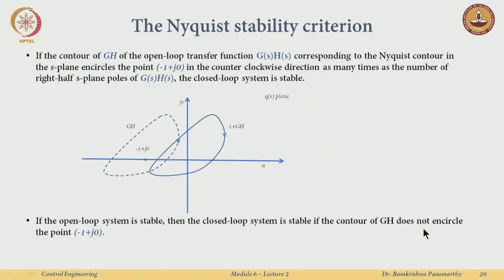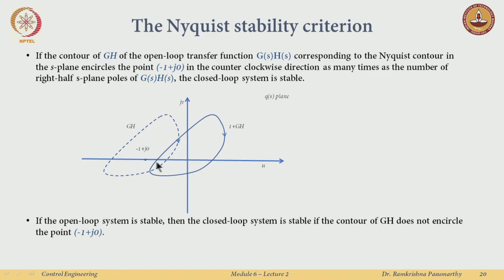Let me show you a plot. So this is 1 plus GH. Now I just shift it by minus 1, minus 1 plus J0. This is 1 plus GH, I just do a minus 1. So it just shifts here, which means the origin, whose encirclement I am interested in, all of a sudden shifts with the minus 1. So I was interested in encirclement of the origin of the contour of 1 plus GH.